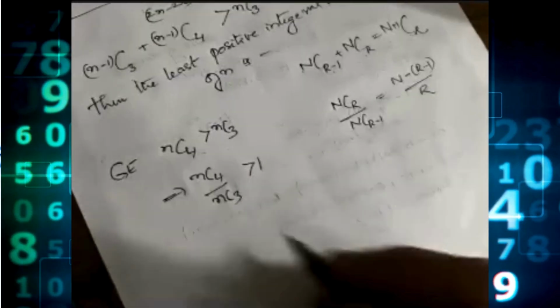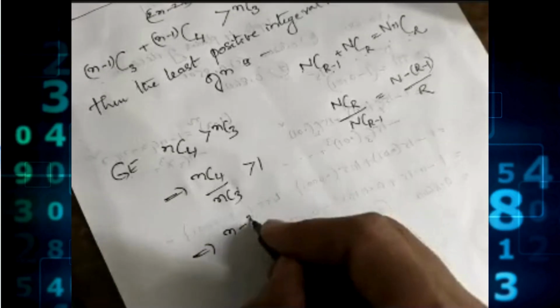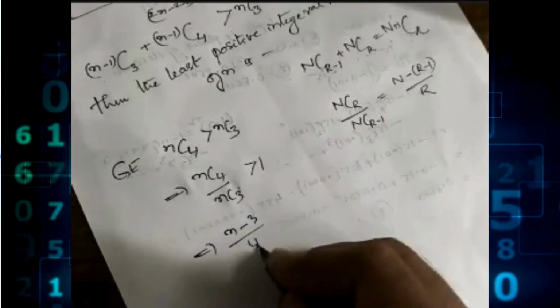Do you remember? According to that, this is (n minus 3) by 4, which is greater than 1, which definitely gives us n minus 3 is greater than 4. It does mean that n is greater than 7.